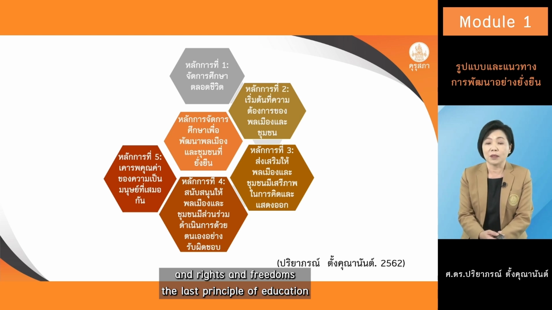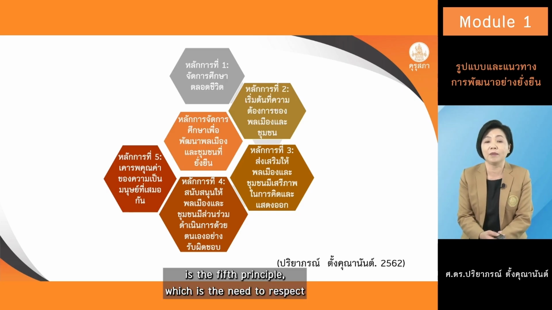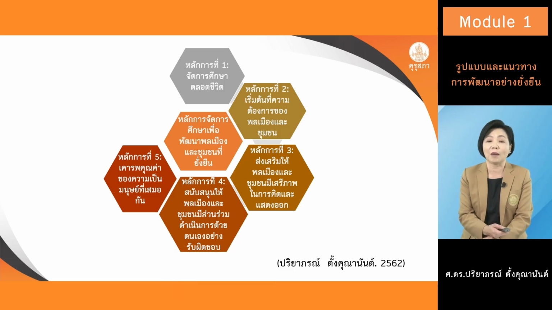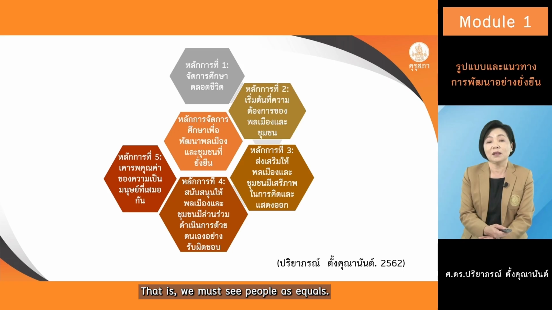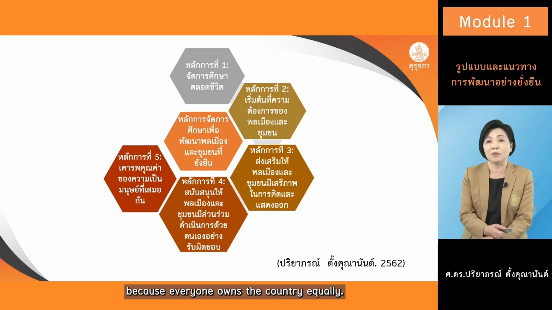The last principle of education for the sustainable development of citizens and communities is the 5th principle, which is the need to respect the value of equal humanity. That is, we must see people as equals. No one is inferior to anyone, or superior to anyone, because everyone owns the country equally.